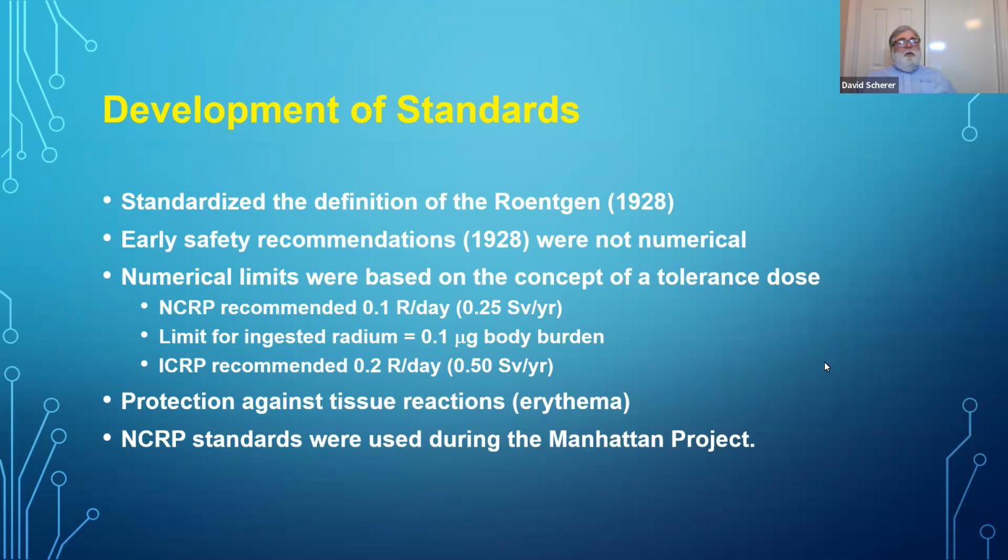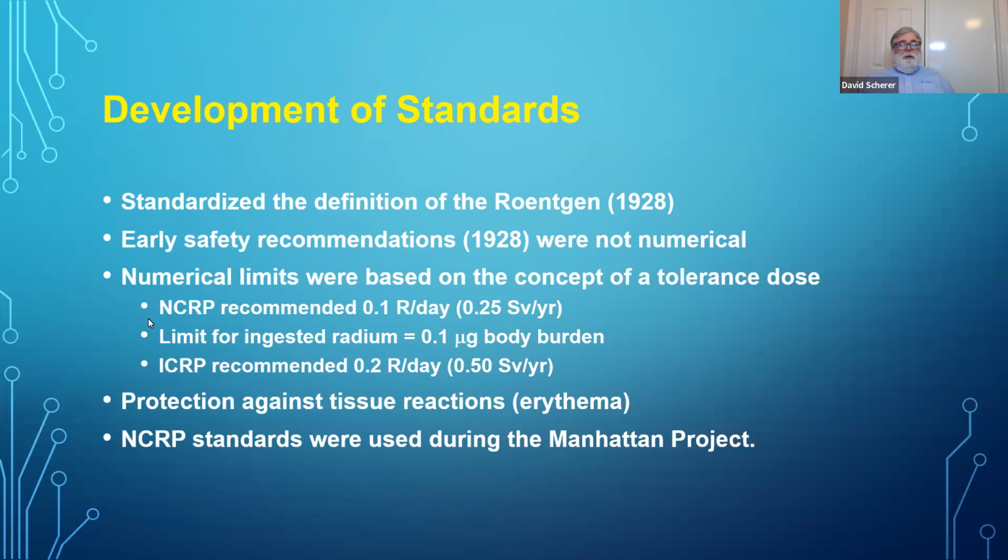Based on the experience with the radium dial painters and studies that were done with them, they came up with a limit for internal dose of 0.1 micrograms of radium in the body at any given time. And of course, we know that a gram of radium is the same as a curie of radium. So this would be equivalent to 0.1 microcuries of radium in the body at any given time.